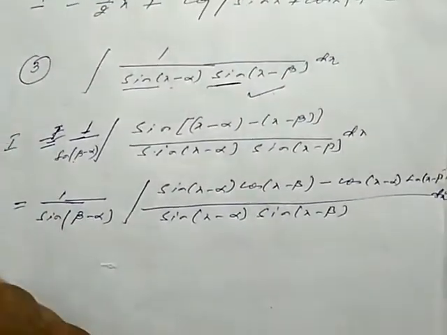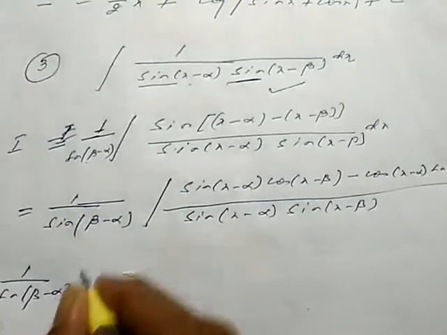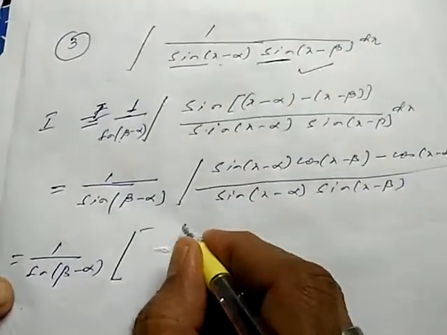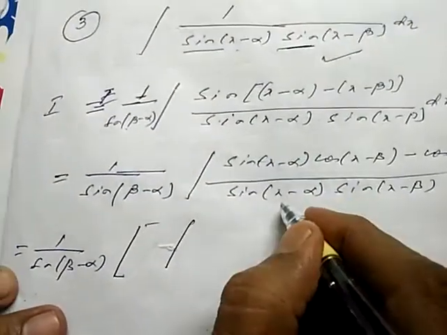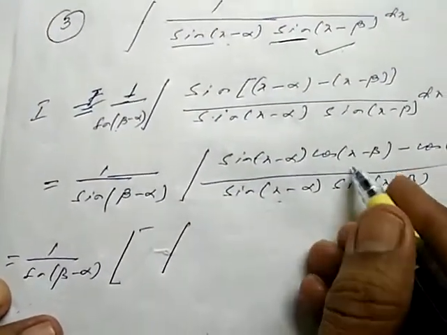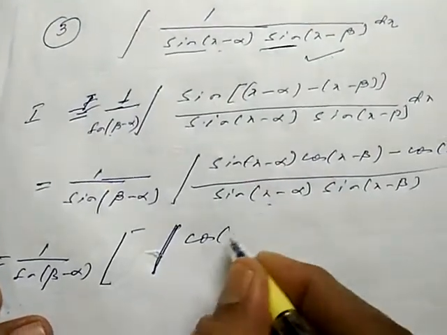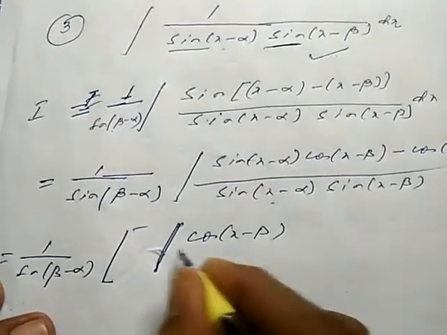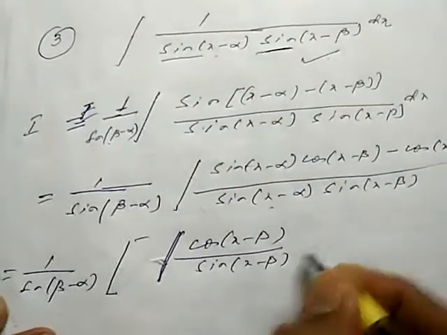Now we make two terms, with 1 upon sin(beta minus alpha) outside. In the first term, sin(x minus alpha) will go out, and the only remaining will be the integral of cos(x minus beta) upon sin(x minus beta).